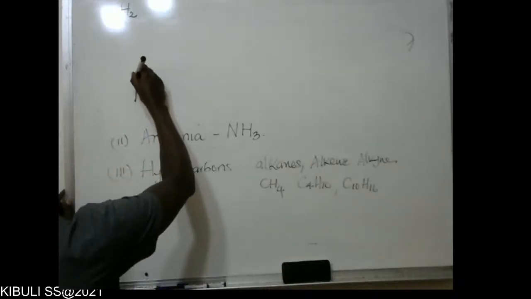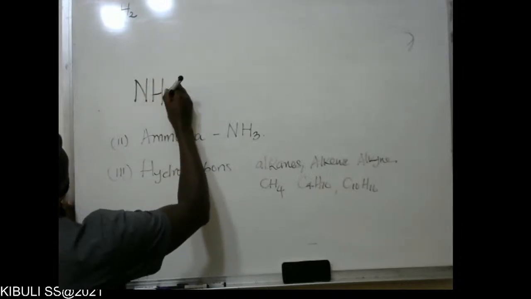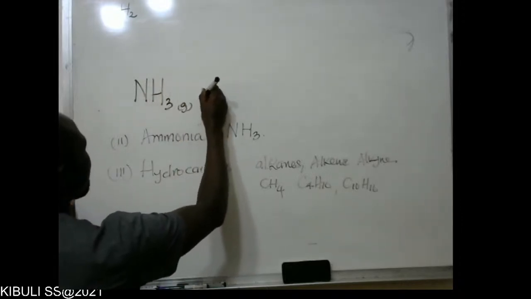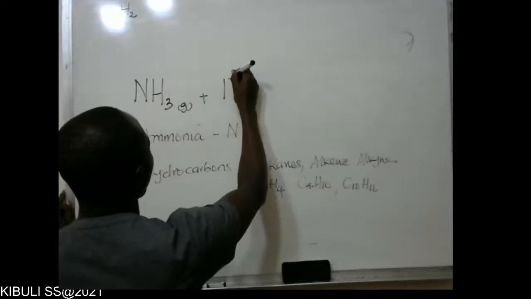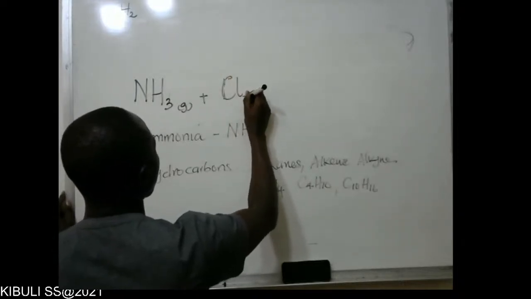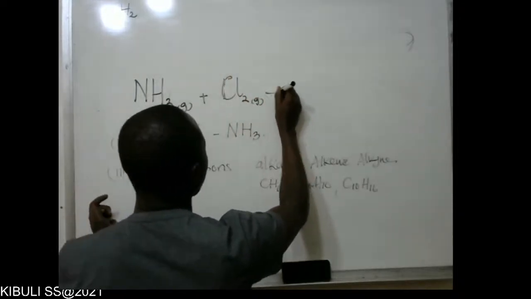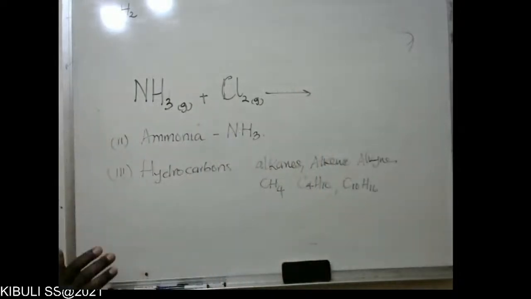So your assignment is this: this is ammonia, and ammonia is a gas, plus chlorine, and chlorine is a gas. What do you expect it to form? I'm giving you 30 seconds and we shall compare.